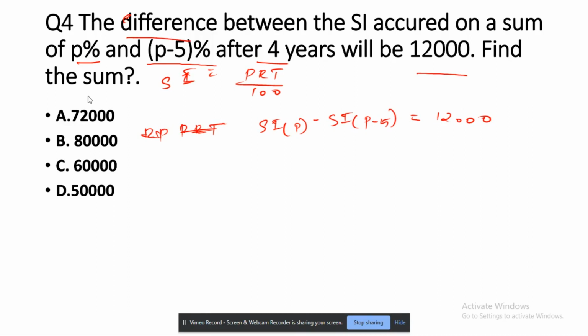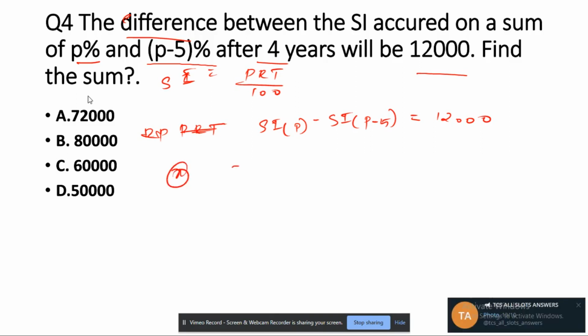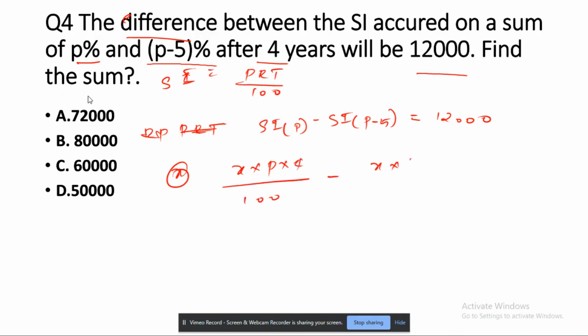So we can write, let's say the initial amount is x, so x into P into 4 divided by 100 minus x into P minus 5 into 4 divided by 100 is equal to 12,000.